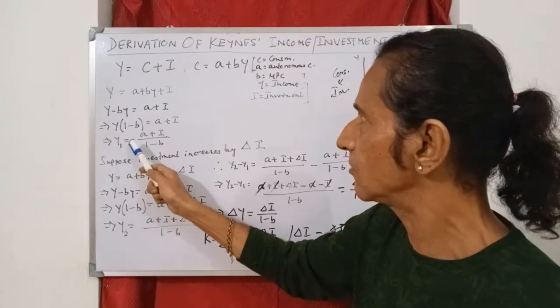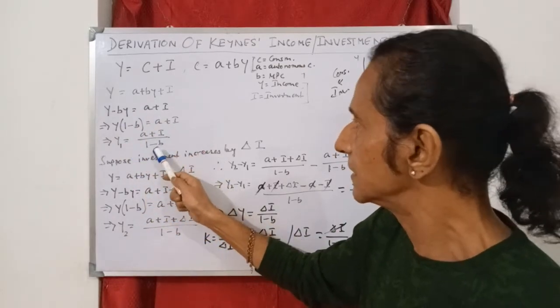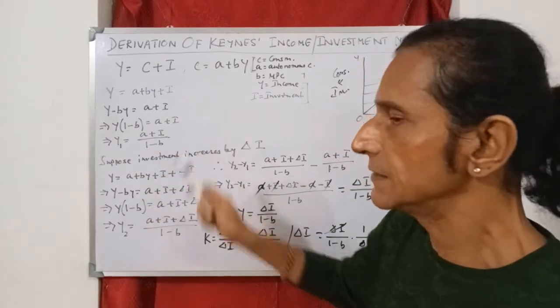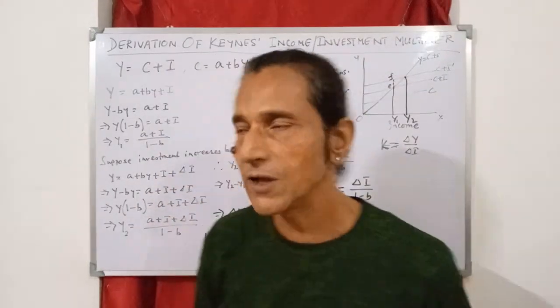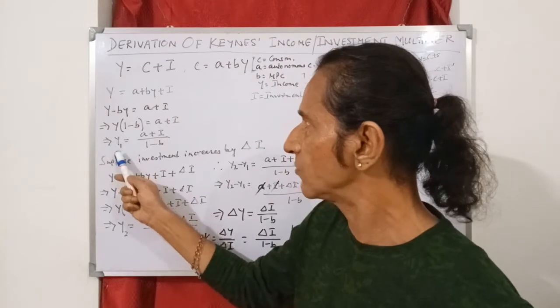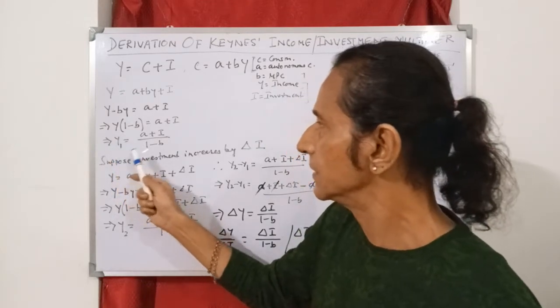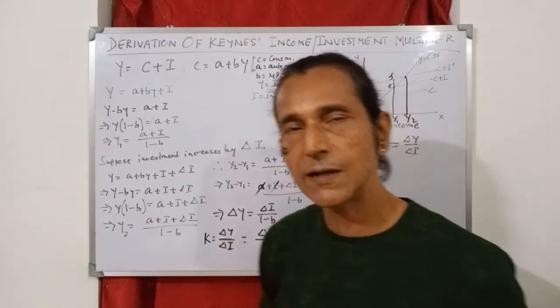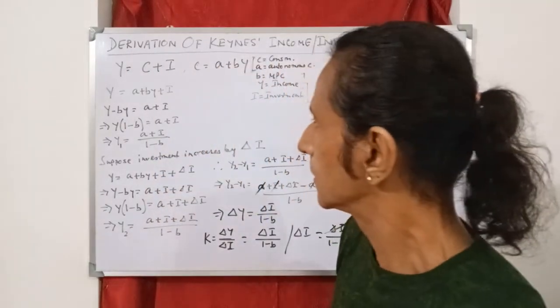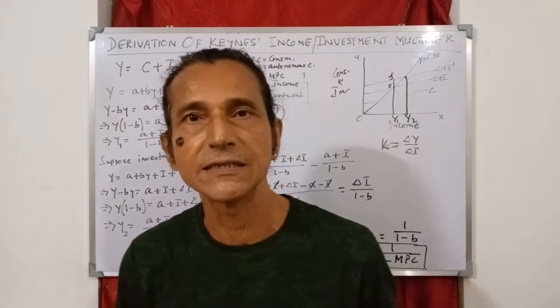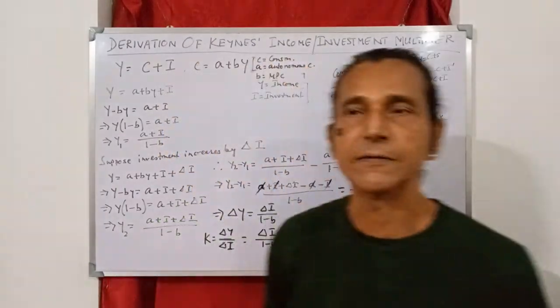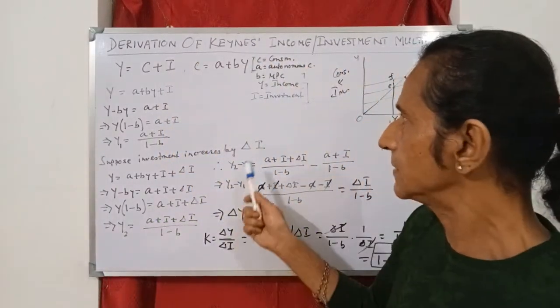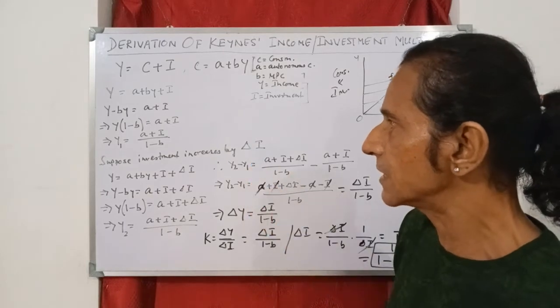That gives us the value of y as a plus I divided by 1 minus b, and this has happened in year 1, so we have put here 1. So y1, that is income in year 1, is a plus I divided by 1 minus b, where b is the MPC. Now suppose investment is increased by delta I. Delta I is the fresh investment in year 2.